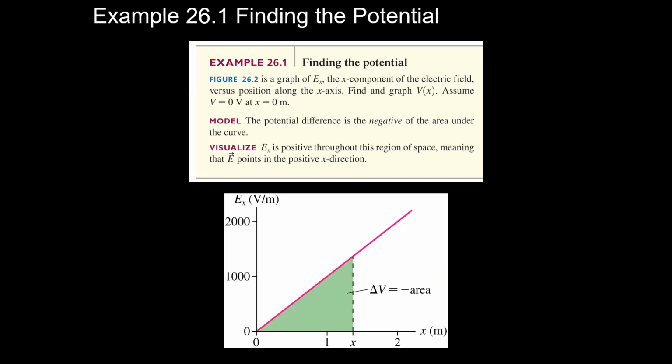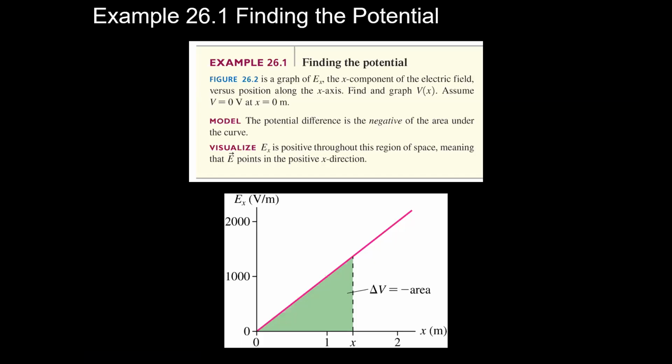So this is a perfect example of how you can find the potential as a function of location given an electric field. This is an example in the textbook, but there's a lot we can talk about actually. The electric field is given.